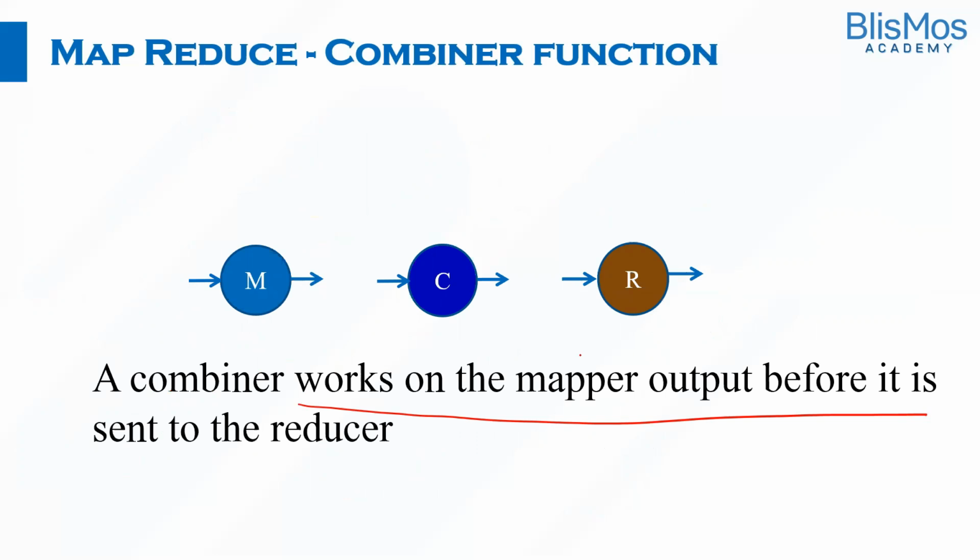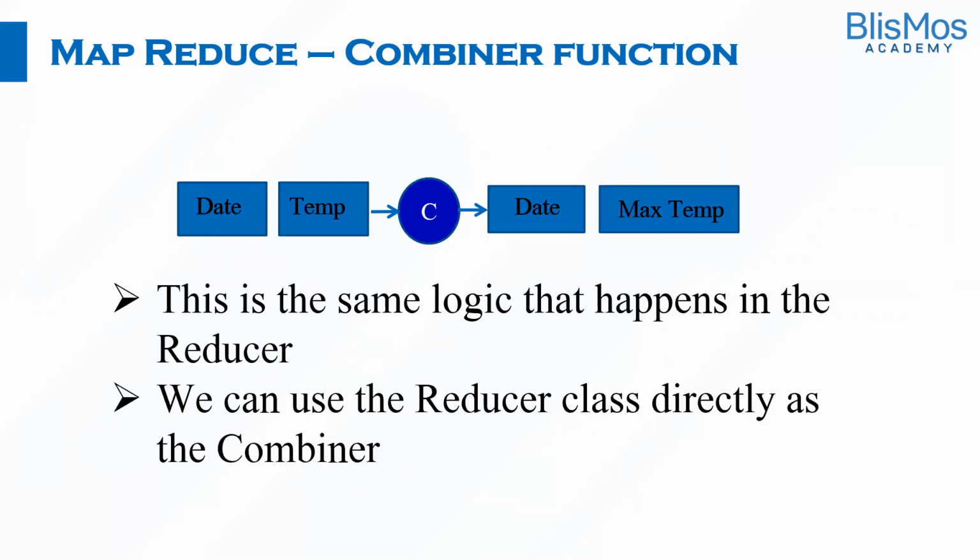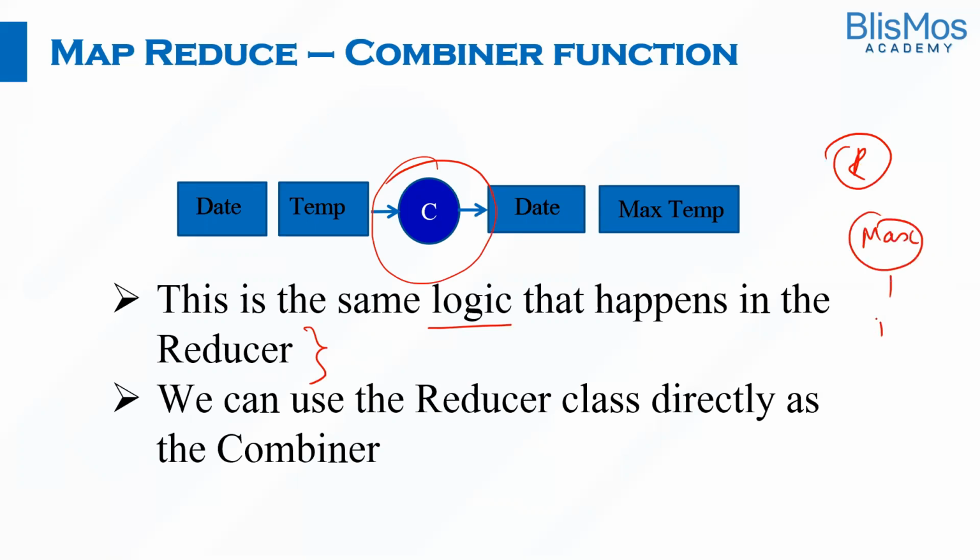Combiner works on the mapper output before it is sent to the reducer. It is as simple as that. One thing we have to observe here is, in this case, the combiner has the same logic as that of a reducer. So reducer wants to find the maximum temperature out of a particular date.